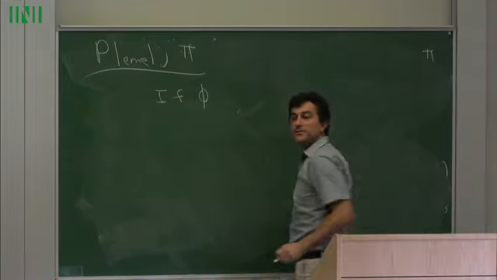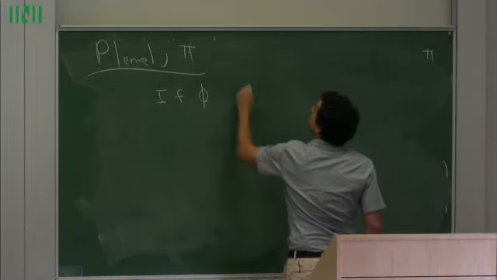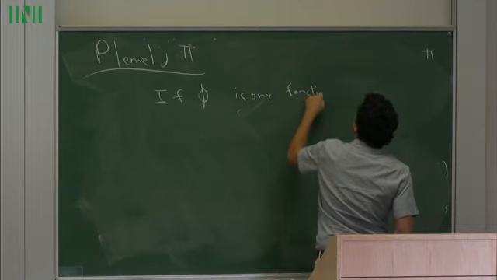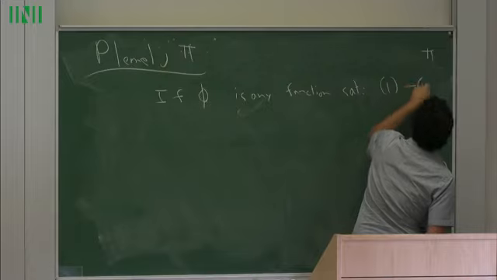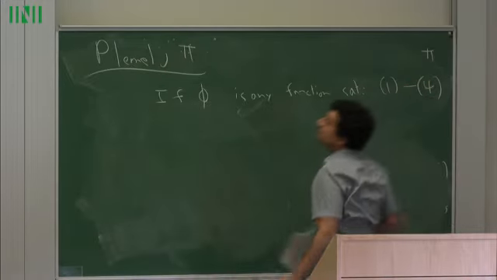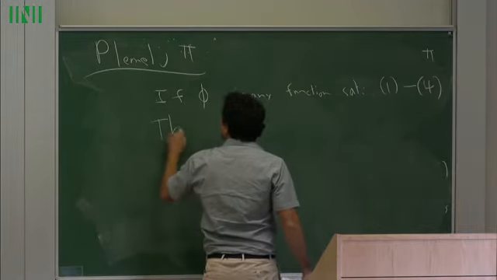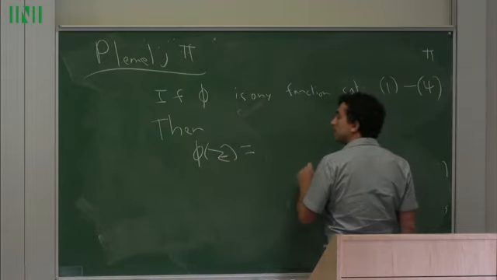If phi, so now we're not assuming phi is the Cauchy transform. If phi is any function satisfying properties 1 through 4, so if phi is analytic off gamma, if phi decays at infinity, if phi has weaker than pole singularities, and phi has a subtractive jump, then it has to be the Cauchy transform.